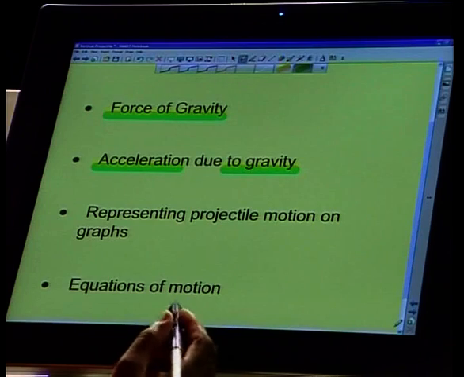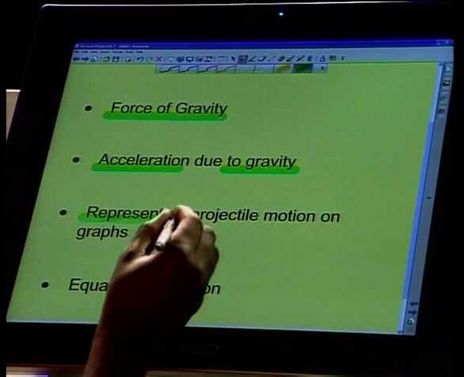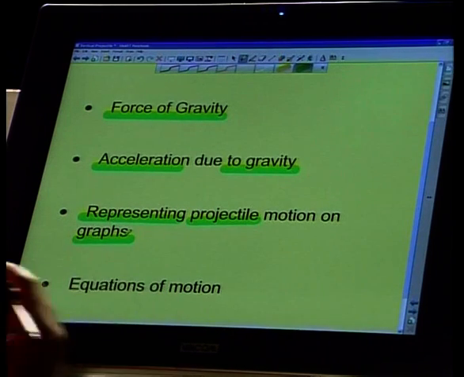We will know more about what this type of acceleration is, and we'll move on to talk about how we can represent this motion on graphs. You would remember that even in our revision of grade 11 work in terms of rectilinear motion, we also looked at graphs of motion. We will also have a chance to look at some of those in this lesson.